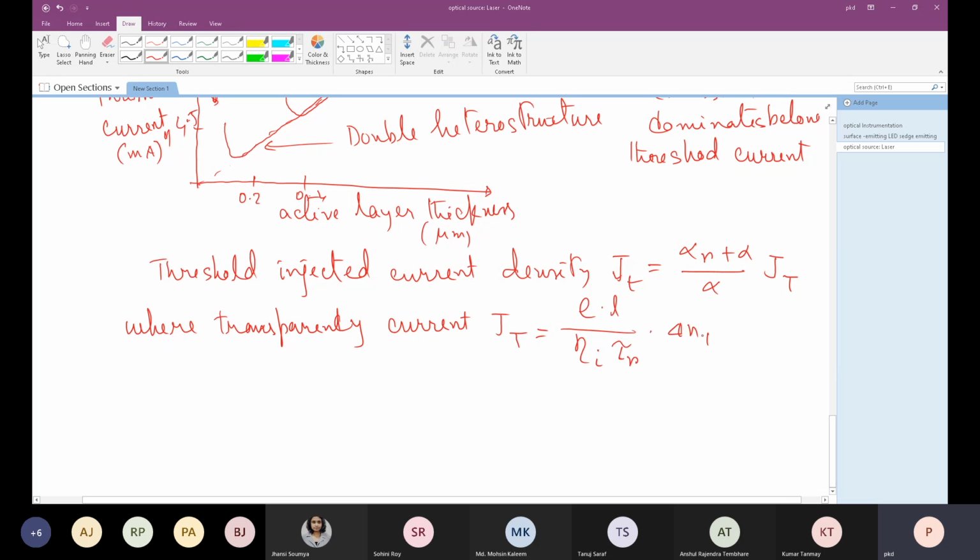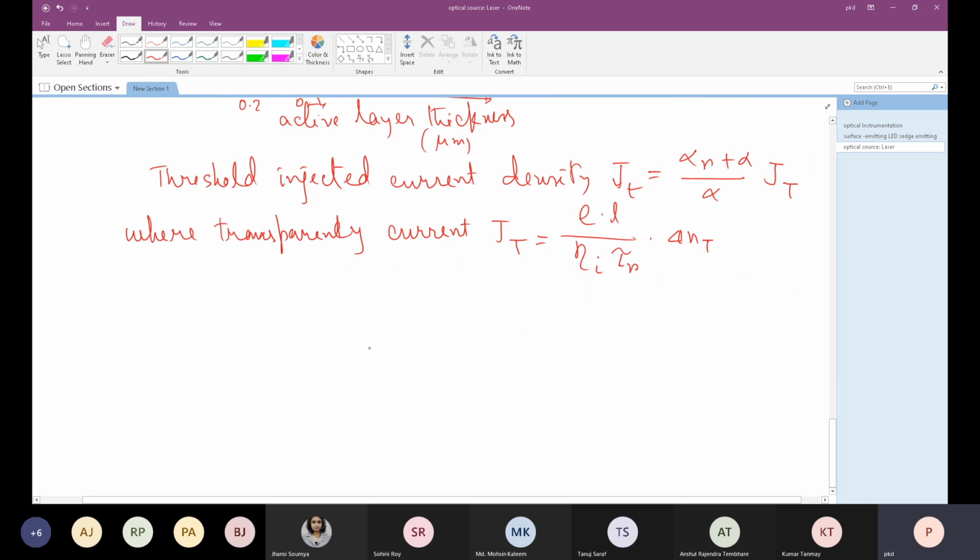Transparency current corresponds to the amount of emission at which the medium will be transparent at that wavelength. That means one more photon that emits will go out of that medium without any loss. That's why that particular current is known as the transparency current.